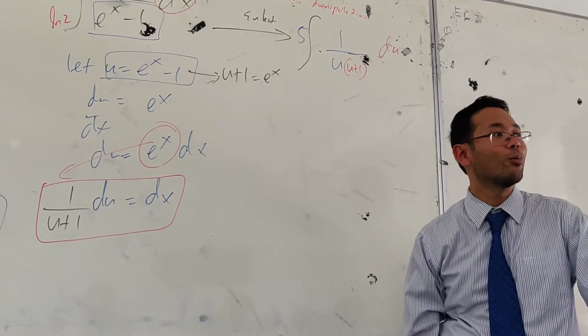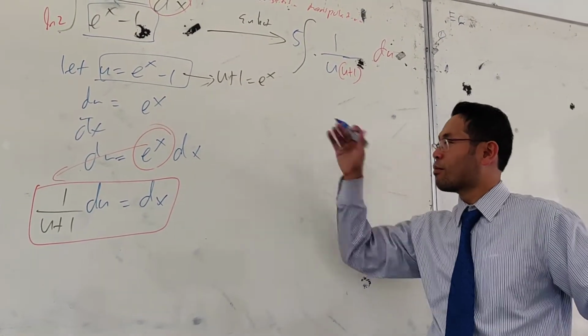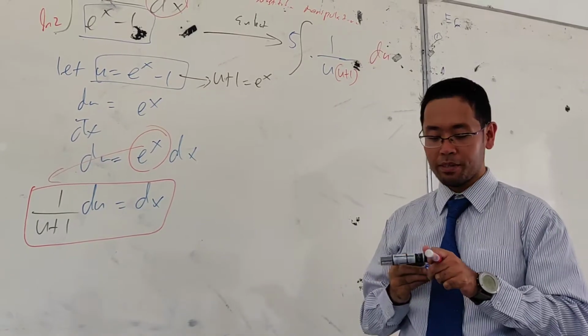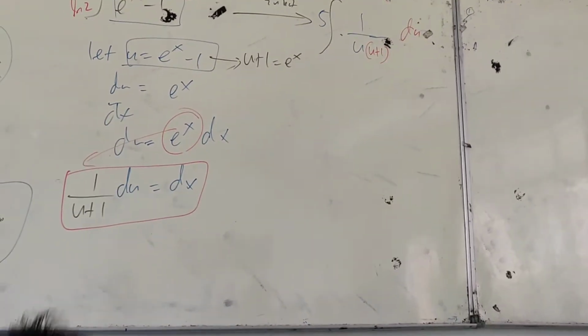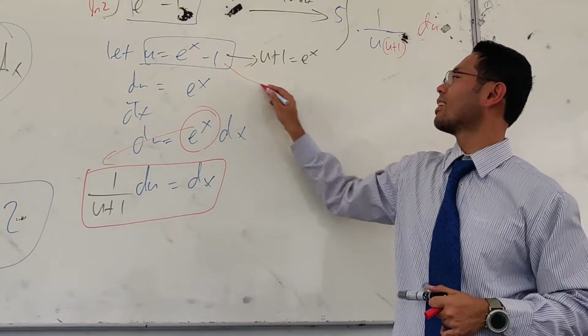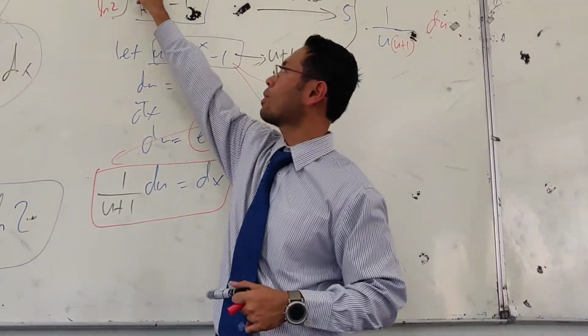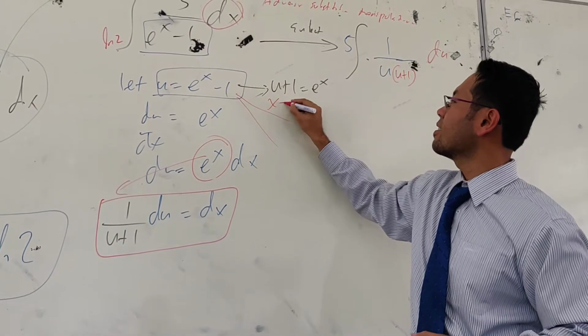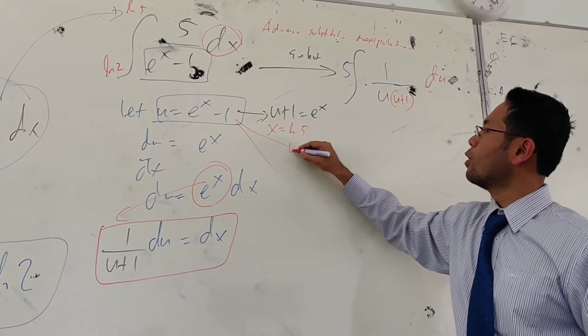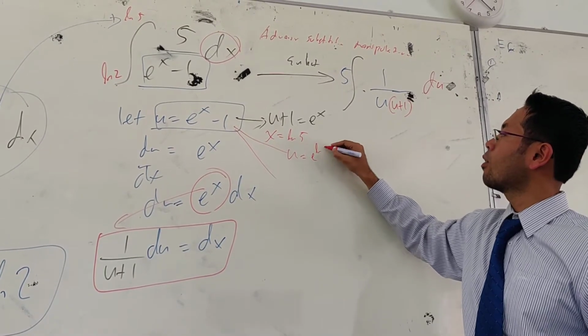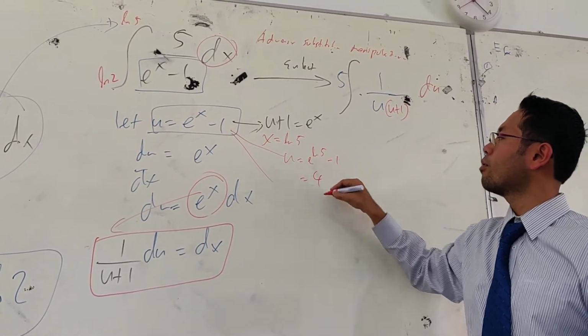Long thing. Before I continue with that, just for this particular case, I would like to substitute the limits first. So x equals ln 5, u equals e^(ln 5) minus 1 gives me 4.